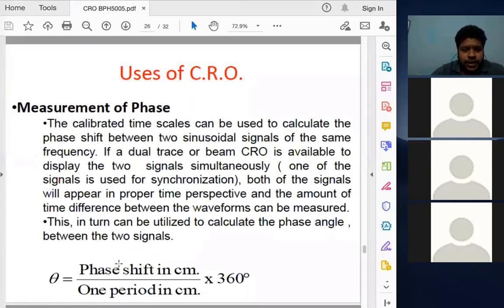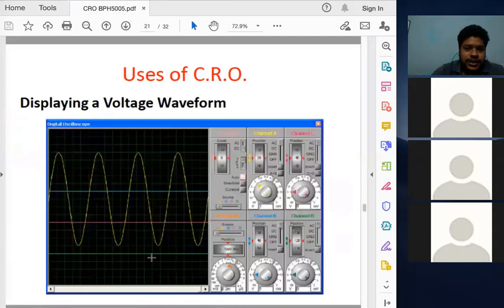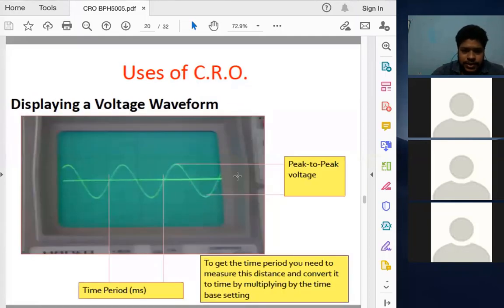This is the formula to calculate the phase difference, the phase angle theta, from the phase shift in centimeters. When we see one wave on the screen and there is another wave, we can mark the difference between these two waves, and we get it in centimeters.